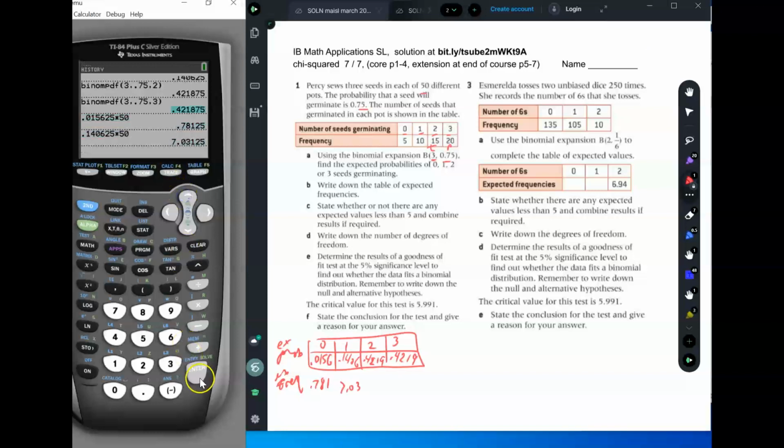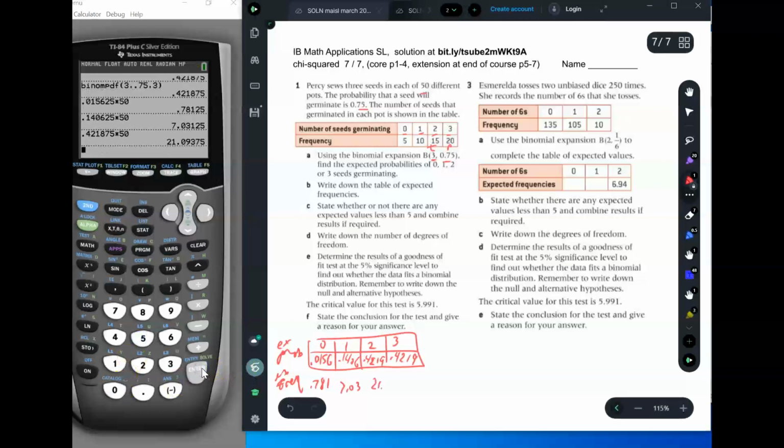You can see I'm trying to avoid rounding, which is the best way to get the answer they get. So 21.1, and that's the same for both because the last two probabilities are both 0.4219. So I've just written down the expected frequencies for getting 0 seeds to germinate, 1 seed to germinate, 2 and 3 seeds to germinate. Okay, so that was part B.